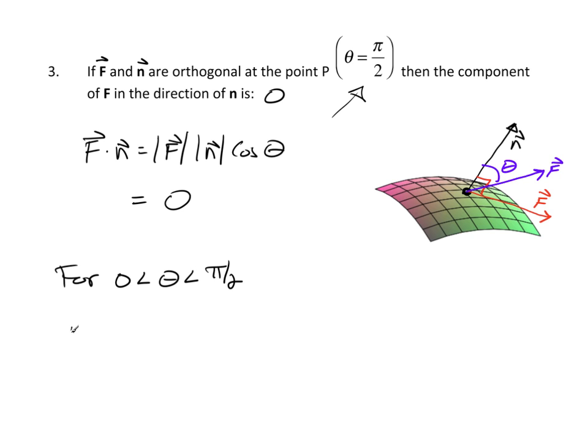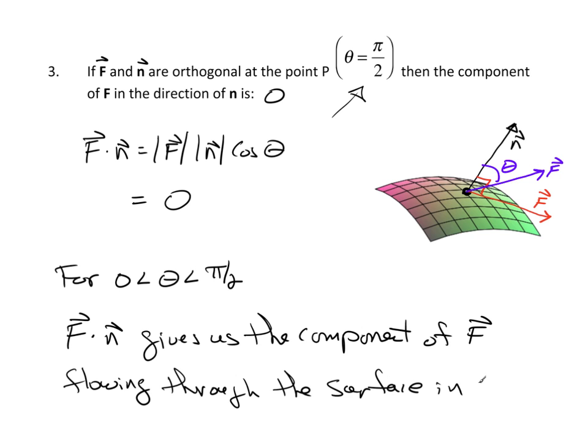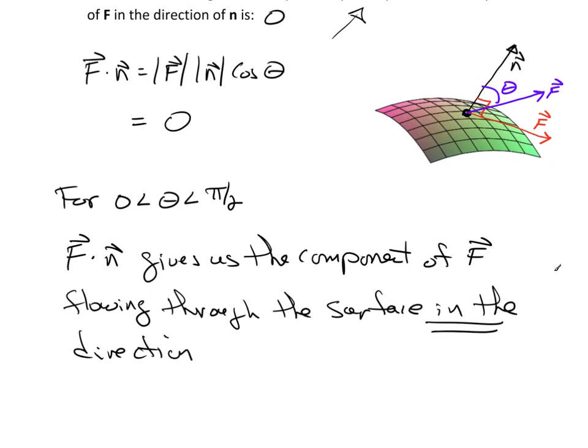Then F dot n gives us the component of F flowing through the surface in the direction of n.